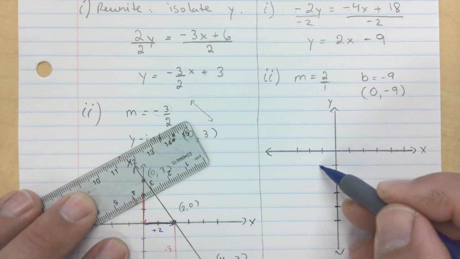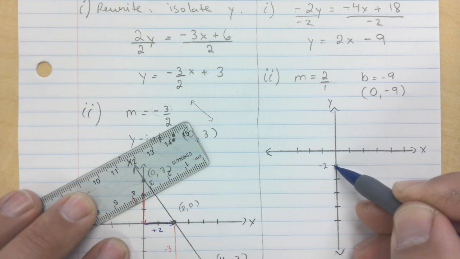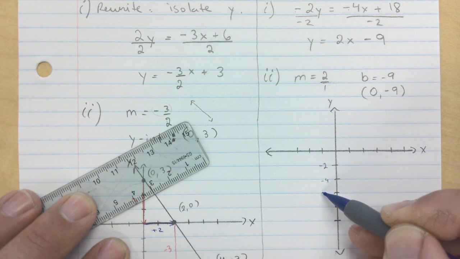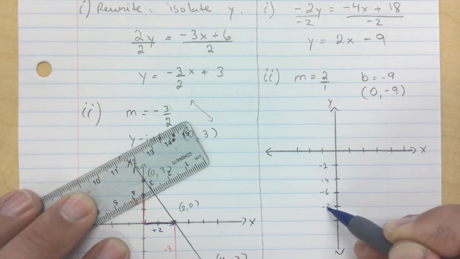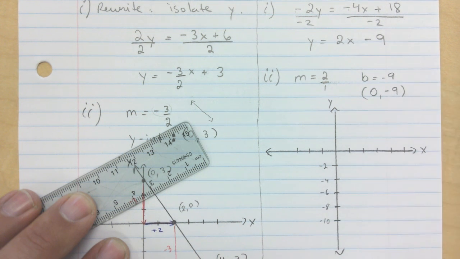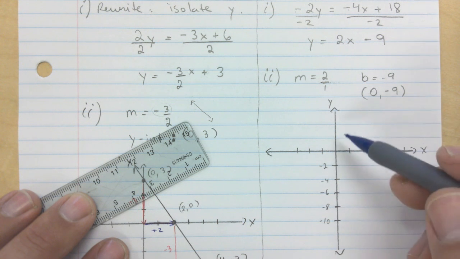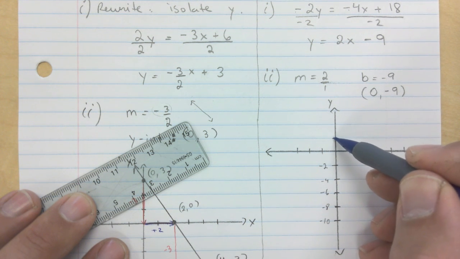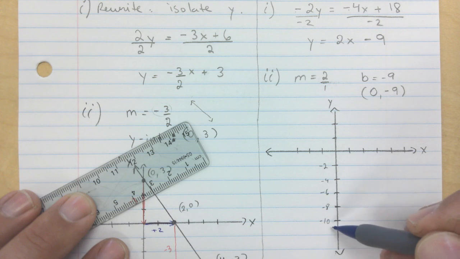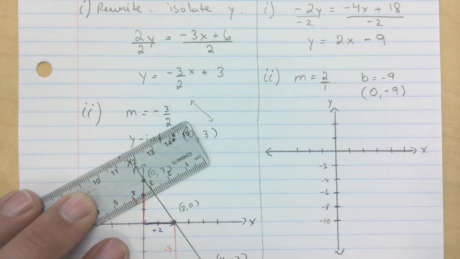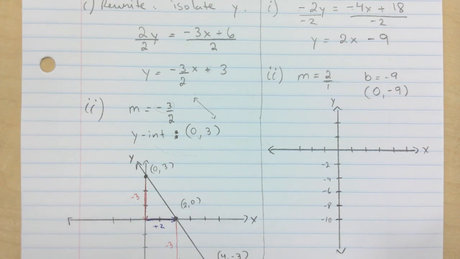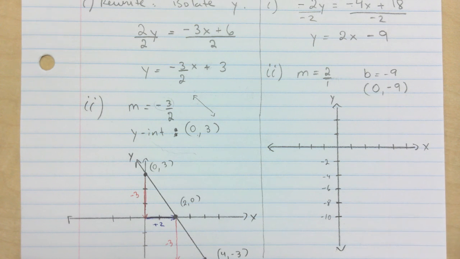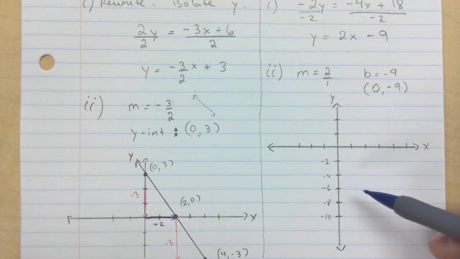So let's say you wanted to label every mark, right? So it'd be negative 4, negative 6, negative 8, negative 10, right? You need to show me that, at least a few, to indicate that that's the scale that you're using, or else we would think that you're using a scale of 1. Okay?